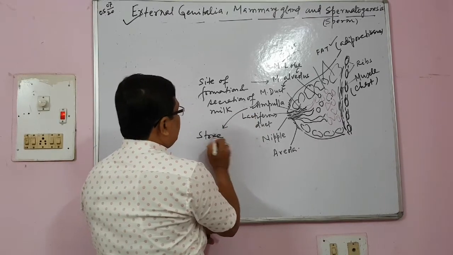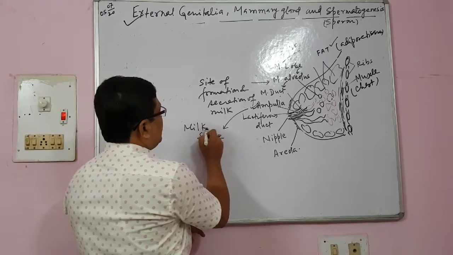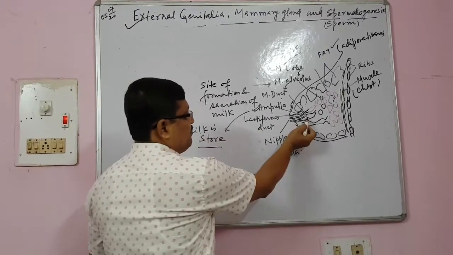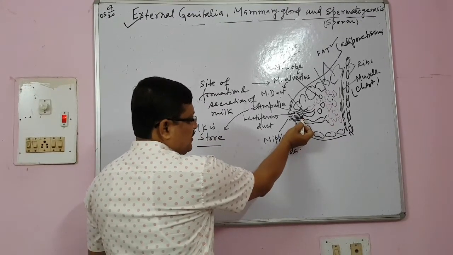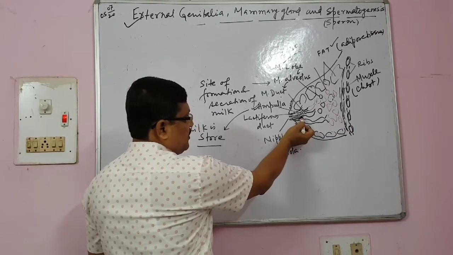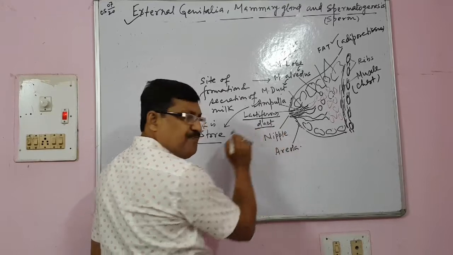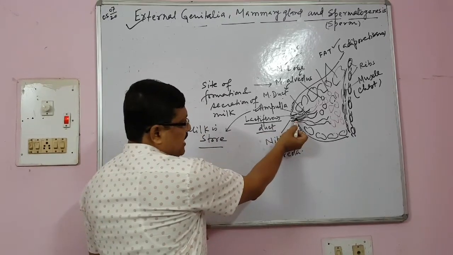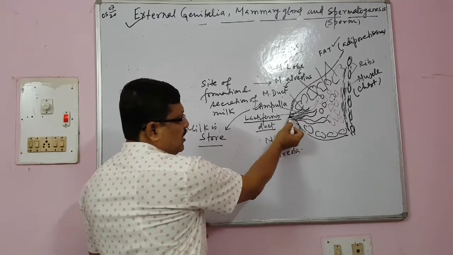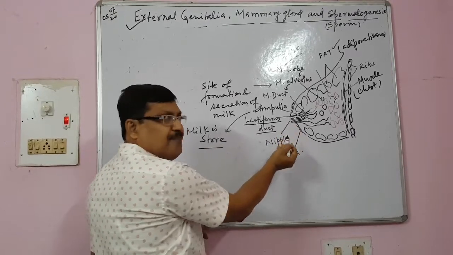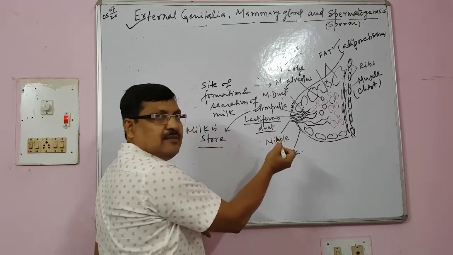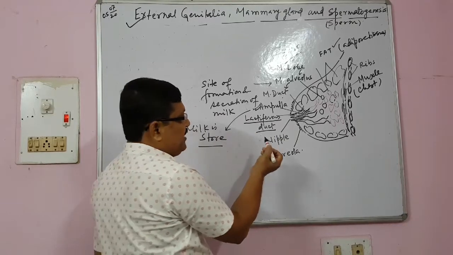The ampulla elongates as the lactiferous duct, and these lactiferous ducts meet the upper skin part, which is the opening of the mammary gland.